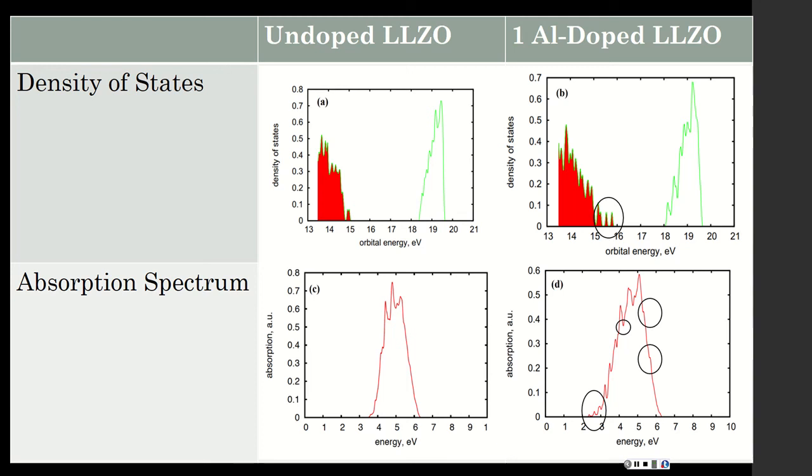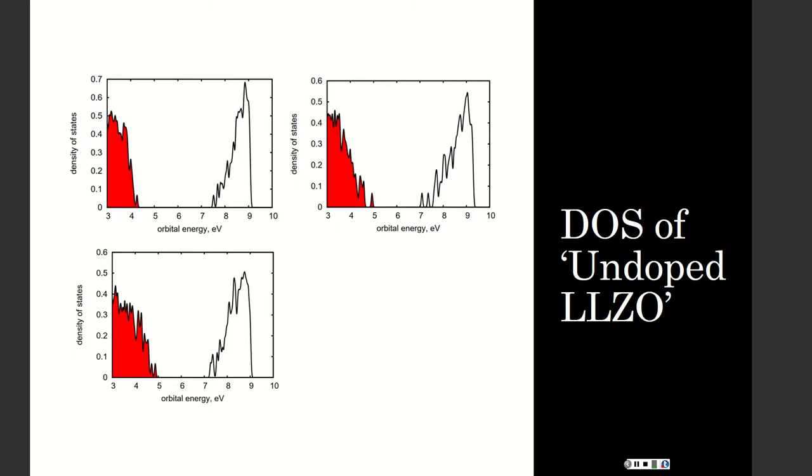And then, these are the density of states of undoped lithium lanthanum zirconium oxide after molecular dynamics. So nothing has changed actually, whatever we have found for undoped structures. These three graphs are for three different temperatures. This one is for 1000, this one is for 1600 Kelvin, and this one is for 2200 Kelvin.